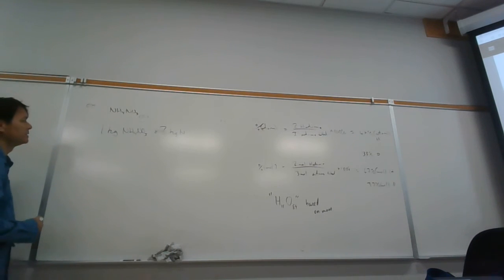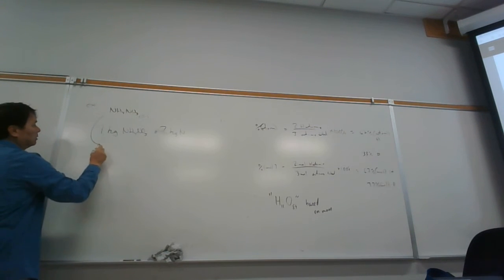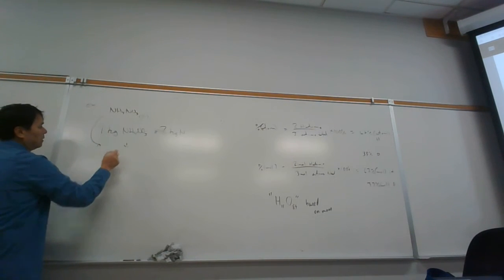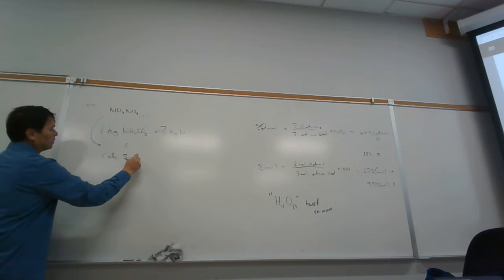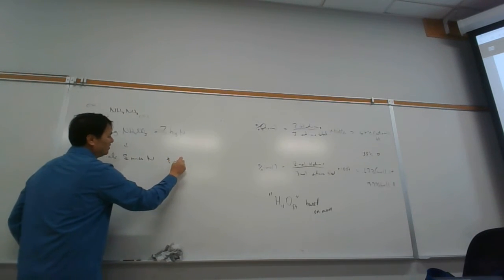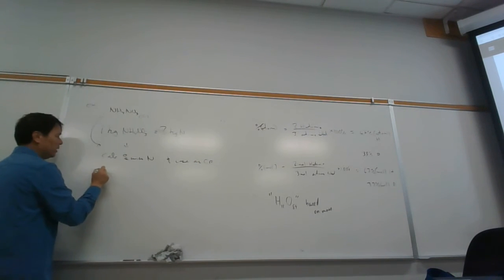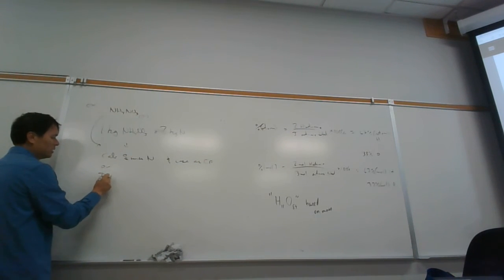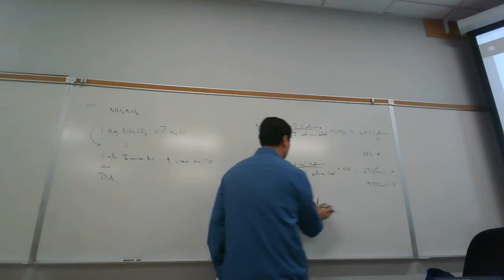So there are 2 ways I can do this. One way is I can calculate the percent by mass nitrogen and use it as a conversion factor. The other way is I can just use dimensional analysis and not even bother calculating the percent by mass nitrogen.